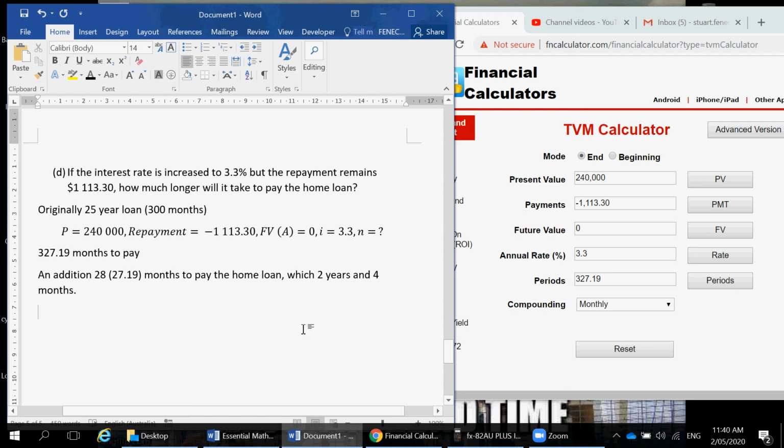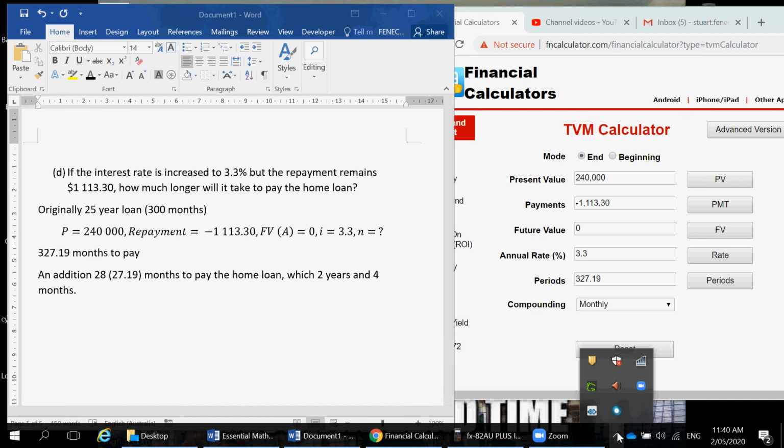Take care with these questions. Very relevant. See, look at that. An extra 2 years and 4 months on your loan if you kept it at the same repayment amount. And you might think, 0.5% doesn't seem much, but it has real implications for your loans and your future and your financial well-being. It's great stuff, this, if you can appreciate it.